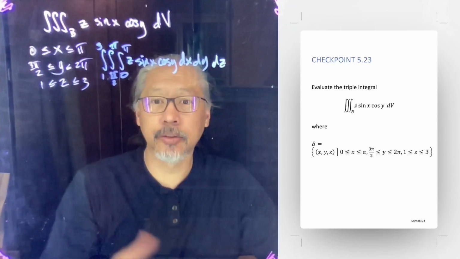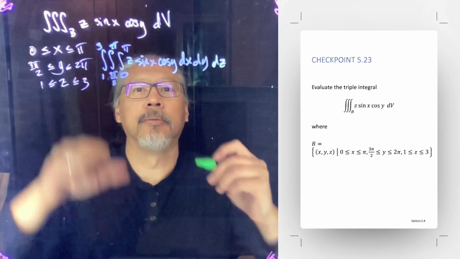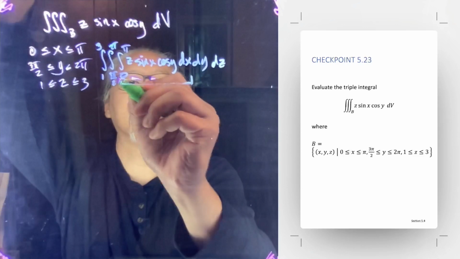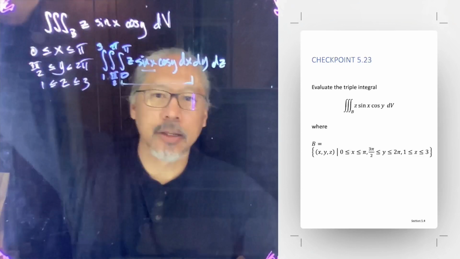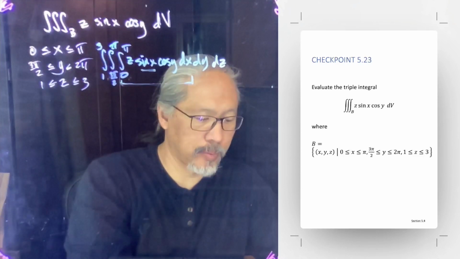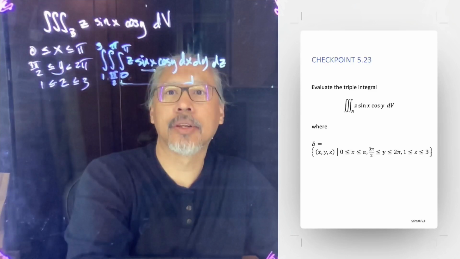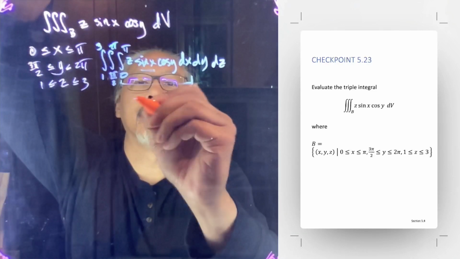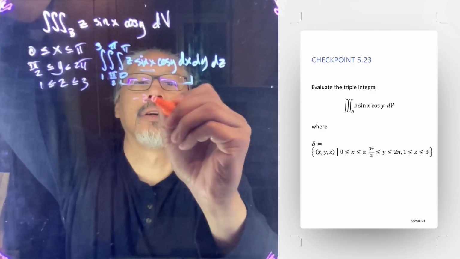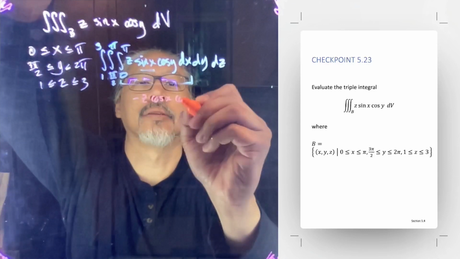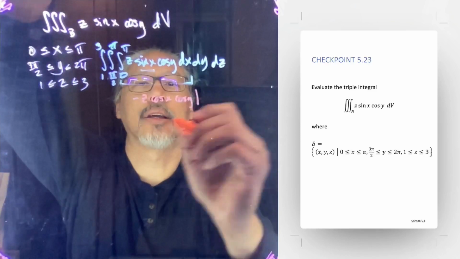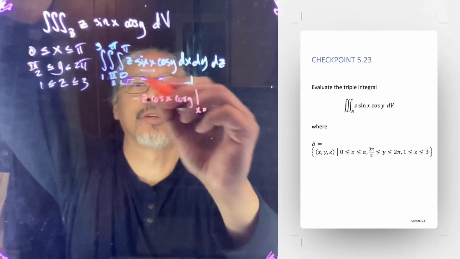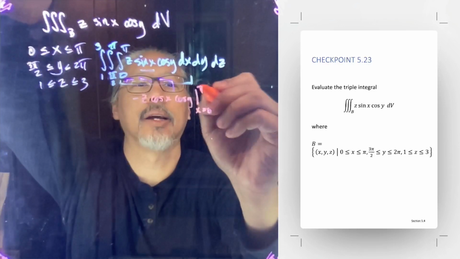Iterated integrals going from inside out will tell us that we're going to integrate with respect to x first. The antiderivative of sine x is negative cosine x, so I'll put negative z cosine x cosine y, and to not get confused, we're saying that our x limits are going to go from 0 to pi.